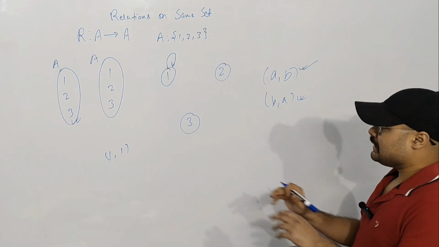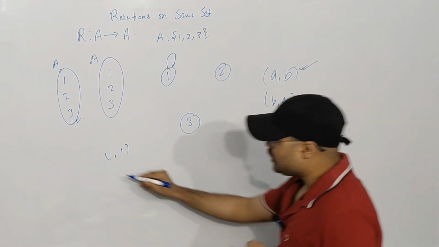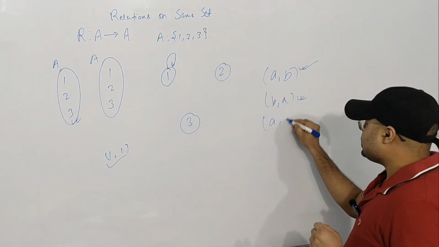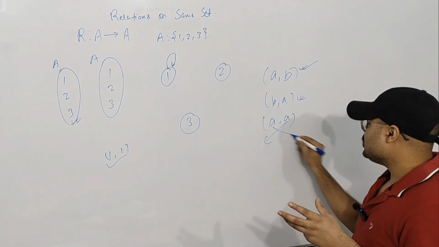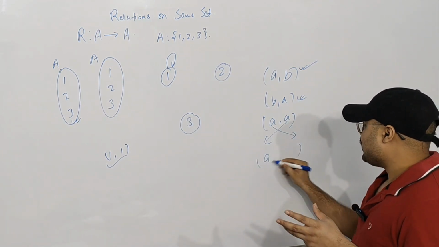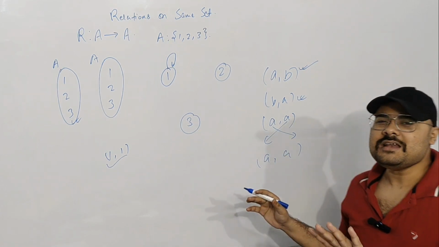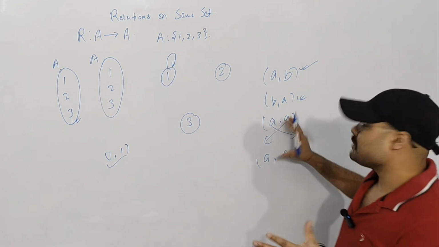Now, if you think about an ordered pair like A comma A, you can say that I am changing the position, and then again it is A comma A. So it's kind of symmetric.